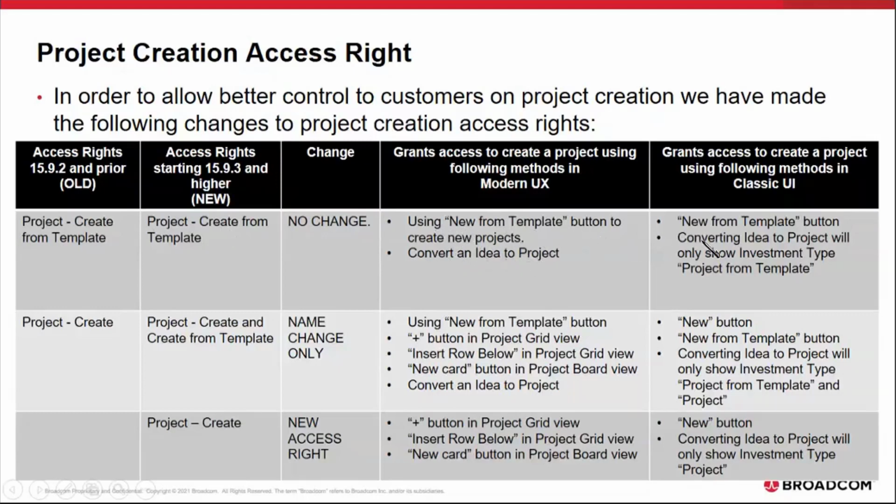And the same access right in the Classic UI allows the users to create from New Template and convert idea to project, and will show them the projects from template. So that access right functionality is not changed in 15.9.3. The name remains the same, and these are the functionalities you can do.